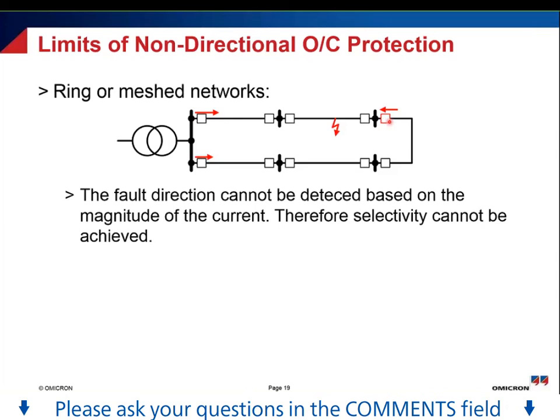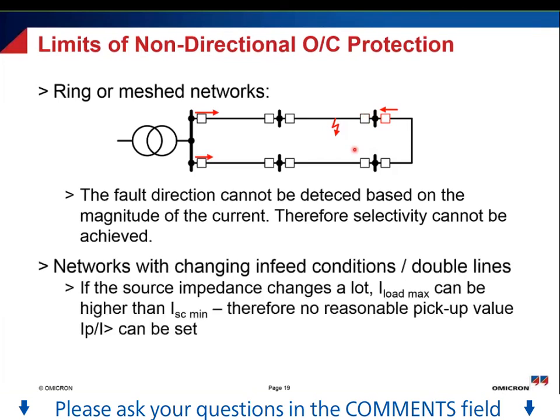So if I would do a typical time grading with a ring topology like here, this relay would also operate for a fault which is here because the current flows also through this direction. So this relay would operate, and if, let's say, this operates correctly, then we still see that these customers here are disconnected. So basically, in a ring topology or also in mesh networks, which are even more complicated, a simple non-directional overcurrent will just not work anymore.